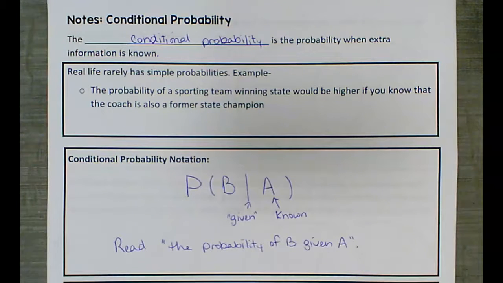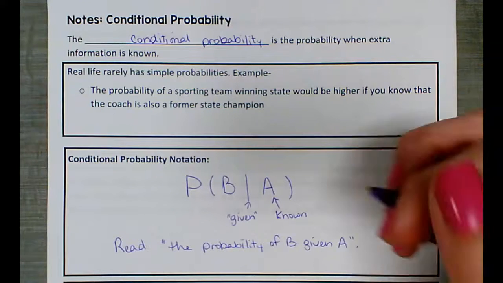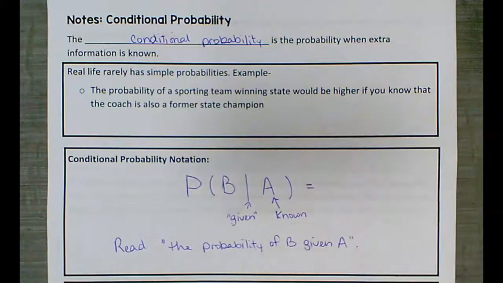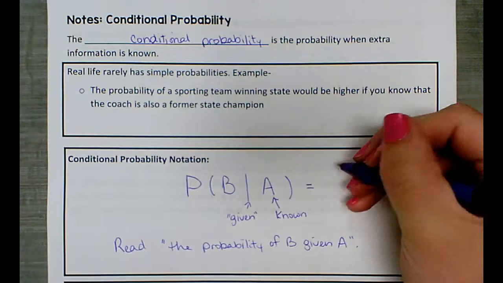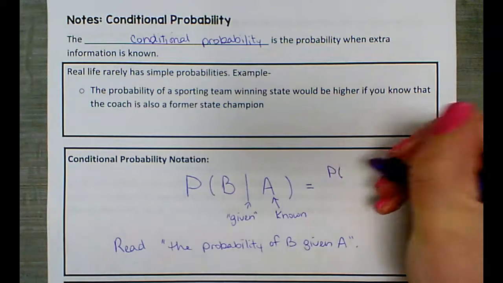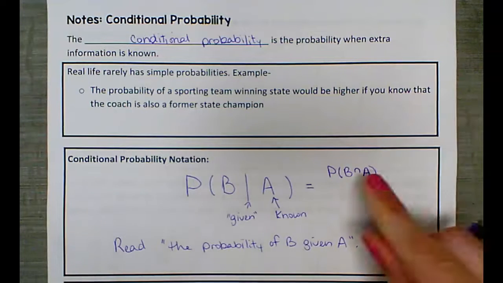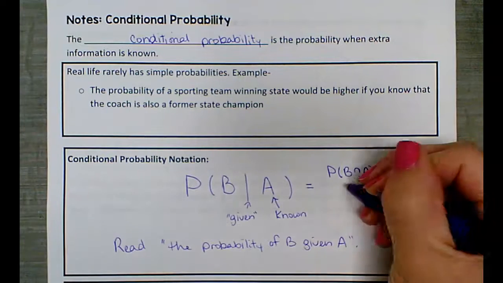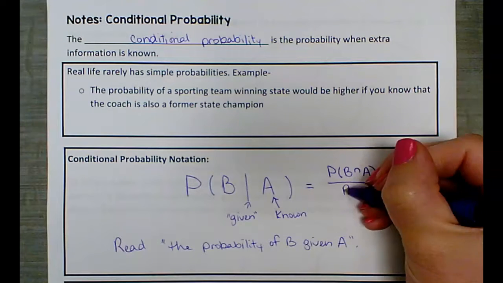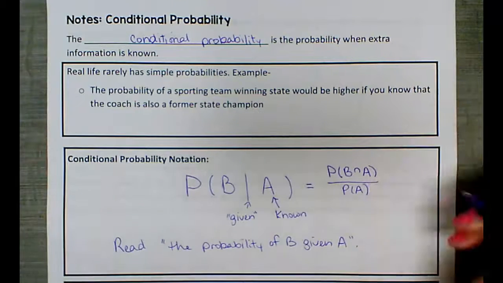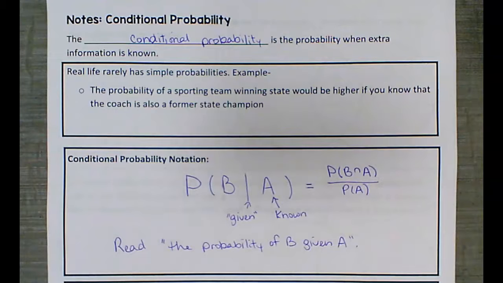Now, the way to find conditional probability, there's a formula that goes along with this. And this formula looks like this. So the probability of B and A divided by the probability of A, the known event. And this little thing right here, this looks like an upside down horseshoe or an upside down U. You want to go ahead and write that. That's a new piece of terminology that we're going to discuss today.